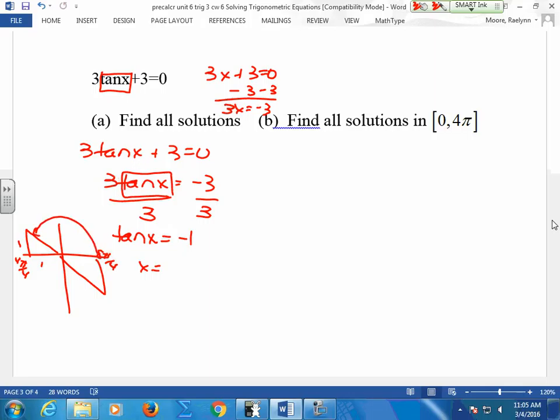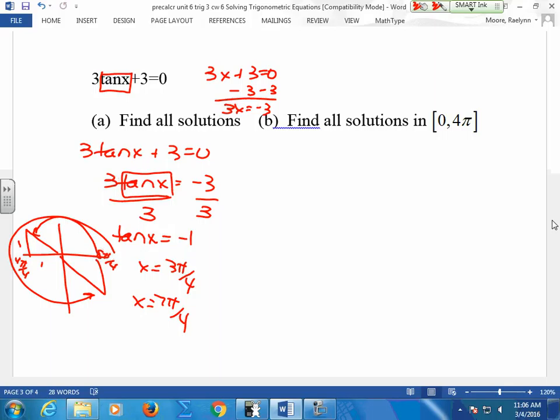One before the 4, 3 pi over 4, one before the 8, 7 pi over 4, sorry about that.